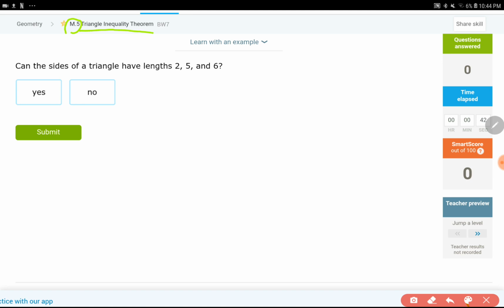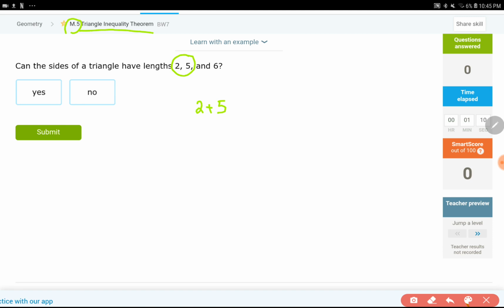It says, can the sides of a triangle have lengths 2, 5, and 6? Here is one case with these kinds of questions. When you pick the smallest two sides, like 2 and 5, and add them together, the sum needs to be greater than the third side.